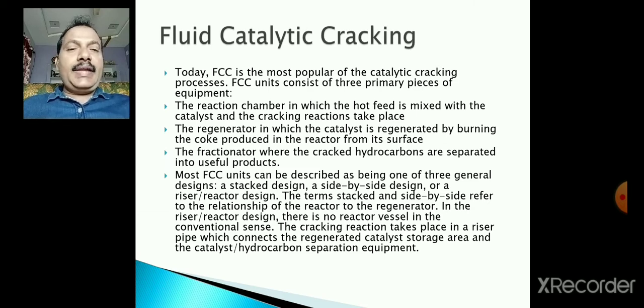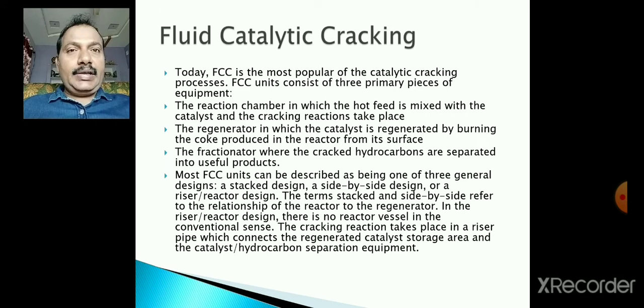Based on that, these two are designed. In the riser and reactor design, there is no reactor vessel in the conventional sense. The cracking reaction takes place in a riser pipe which connects the regenerated catalyst storage area and the catalyst separation equipment. So that is the separate design, riser and reactor design.